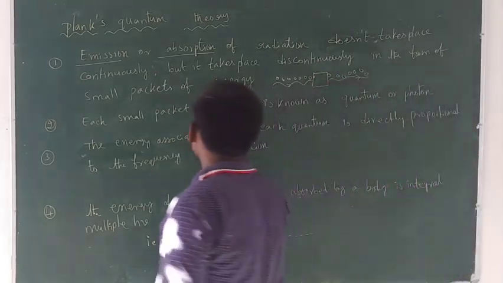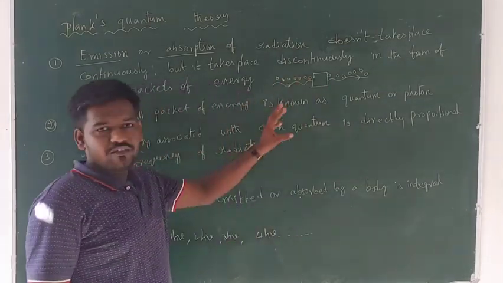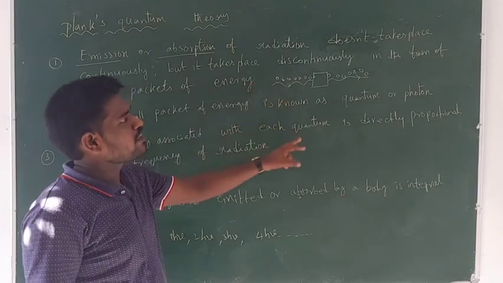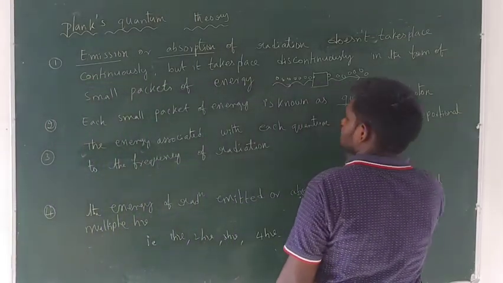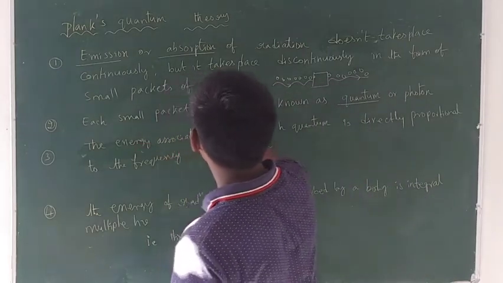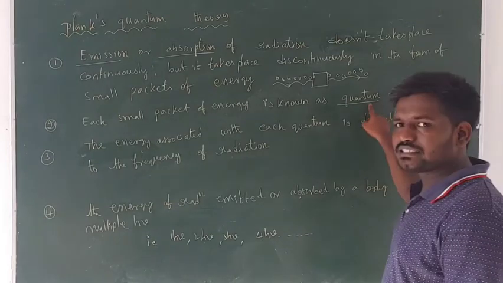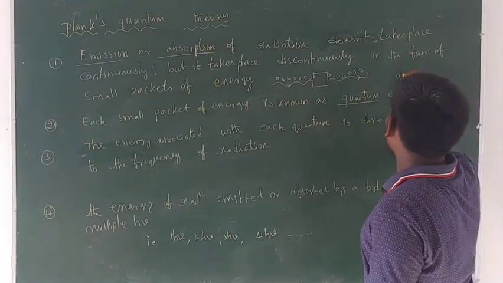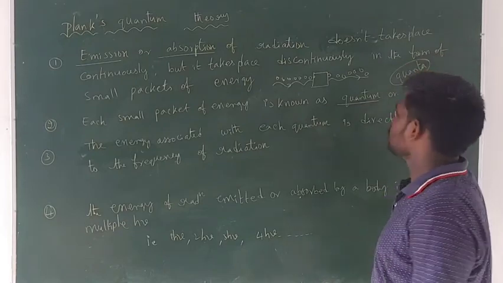And next, each one is known as a small packet of energy, and a small packet of energy of radiation is known as quantum. Quantum is singular; quanta, Q-U-A-N-T-A, is plural.